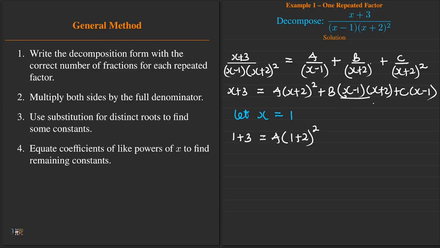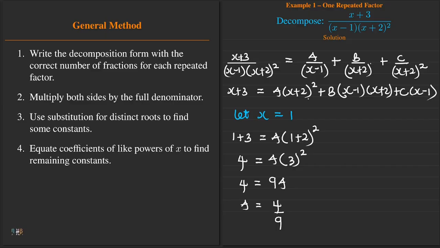It will give us 0, just as I've said. So with this, we can evaluate it as 4 is equal to a into bracket 3 all squared. Simplifying further, we have 4 equal to 9a. Solving for a simply means our a is 4 over 9. So with this, we have easily gotten our a.